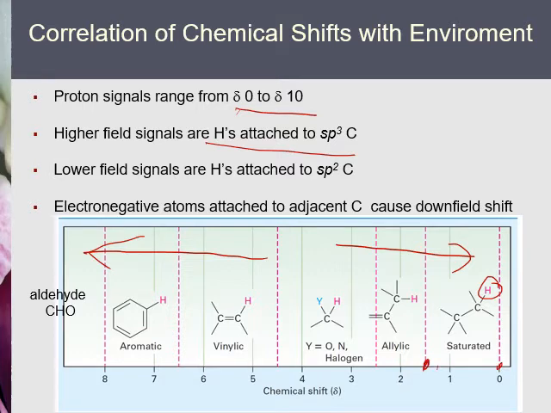When electronegative atoms such as oxygen, nitrogen, or halogens are attached, the hydrogens range from 2.5 to 4.5. Hydrogens directly attached to a double bond range from 4.5 to 6.5. Aromatic hydrogens range from 6.5 to 8. Aldehyde hydrogen is in the range 10 to 12, just like carbon-13, the most downfield side.